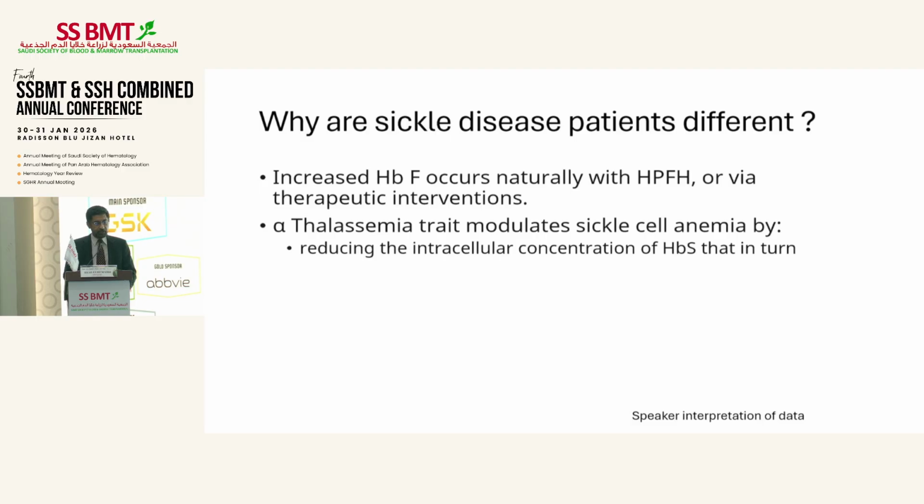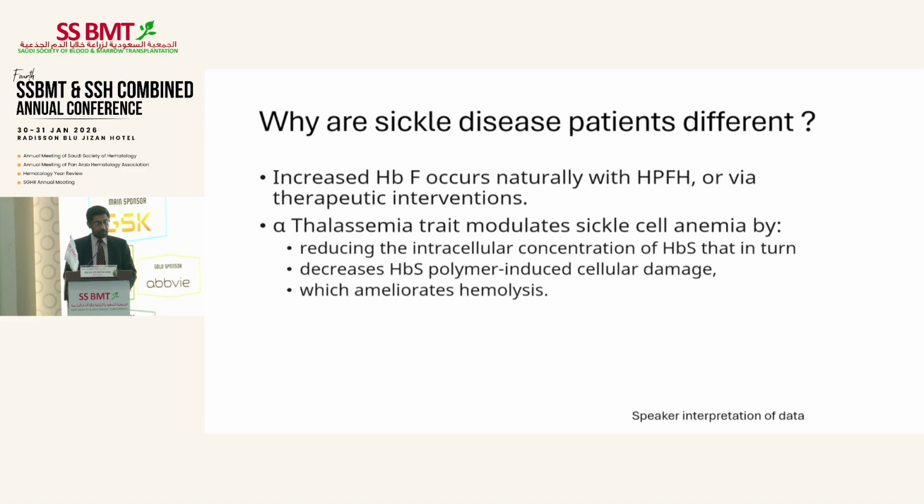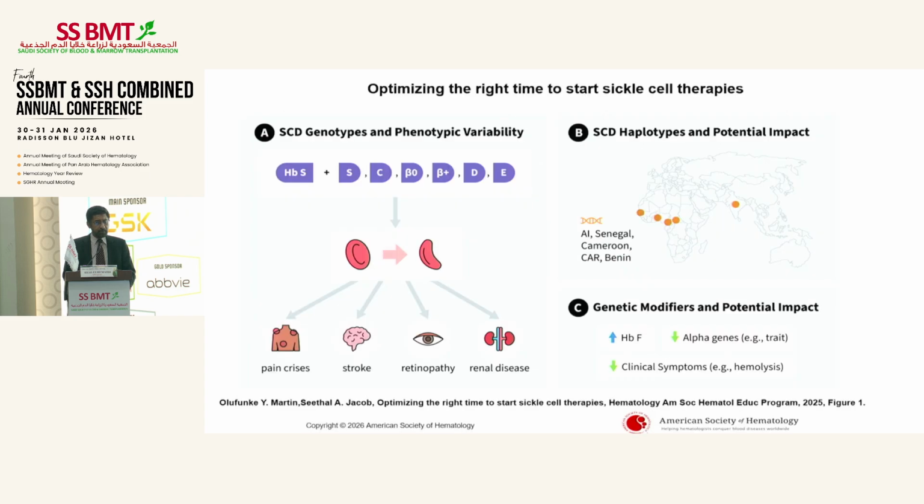It reduces intracellular concentration of hemoglobin S, which in turn decreases hemoglobin S polymers and cellular damage, which ameliorates hemolysis. So the amount of alpha thalassemia genetic mutation helps to reduce the risk of sickle cell crisis. So that's why we have different sickle cell clinical findings.